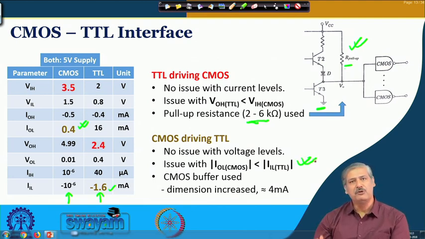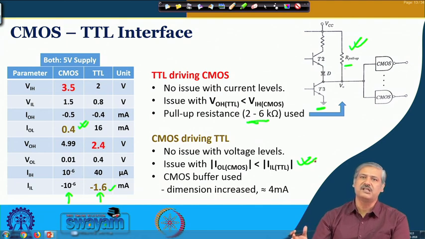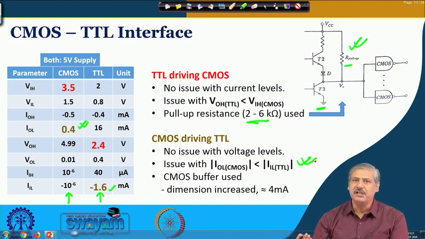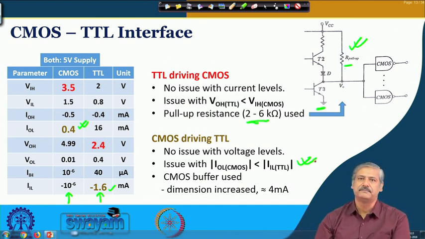So if you just connect it, this is going to give a problem. To overcome that, a CMOS buffer is used. After the CMOS gate, another CMOS gate is put with appropriate dimension, larger area also, which will enable more current to get sunk.